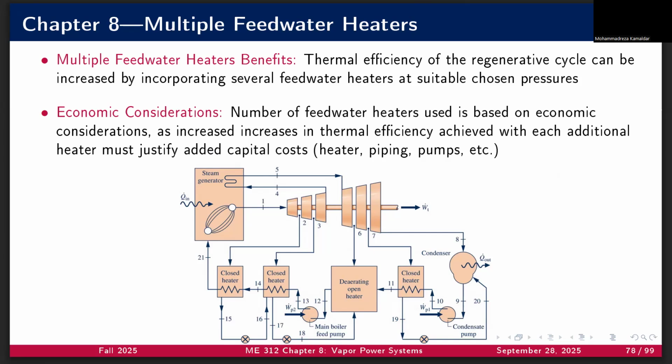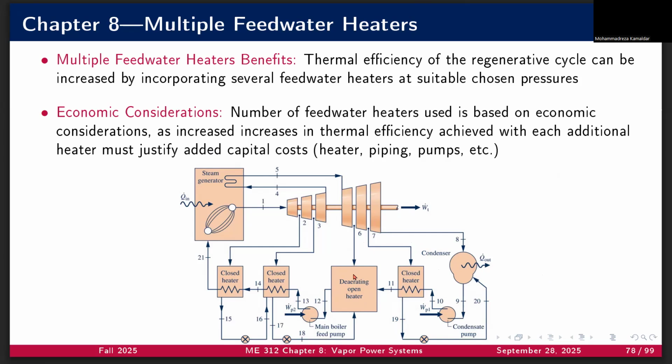So basically, this diagram on this slide provides a glimpse into the complexity of a real-world system, which in this case features several closed heaters and a deaerating open heater. Notice the integration of different component types.